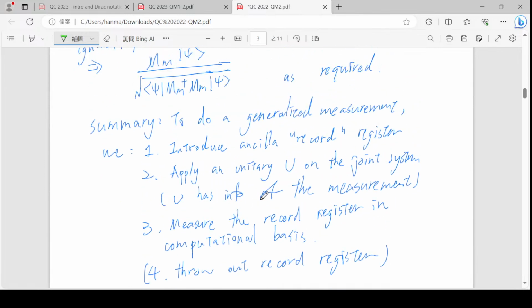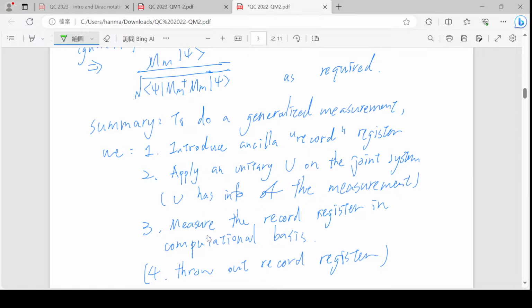Once again, as a summary, to do the generalized measurement, you first introduce this record register. Then you apply the unitary on the joint system, this Q tensor M. This has the info about the measurement you want to do.